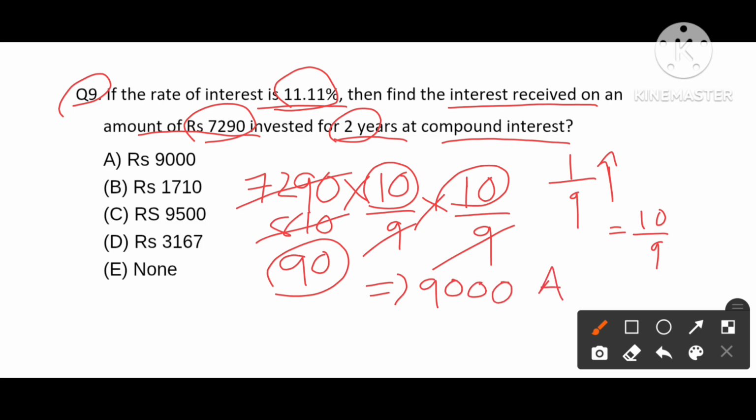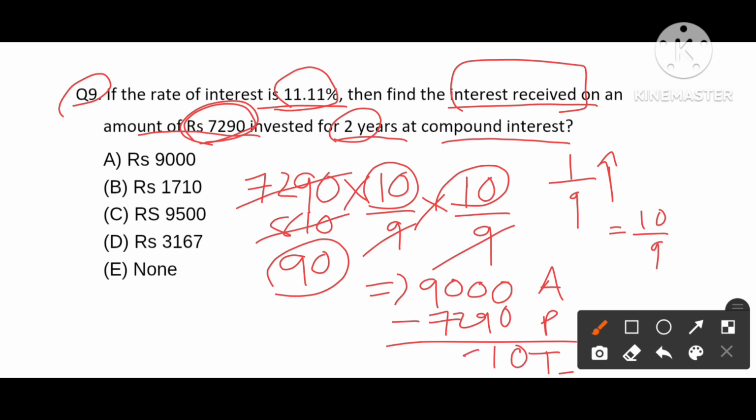We have the principal, which is 7290. We need to find the value of the interest. Interest means amount minus principal. So subtracting 7290 from this, we get 1710. So the answer will be 1710. Option B is our answer.